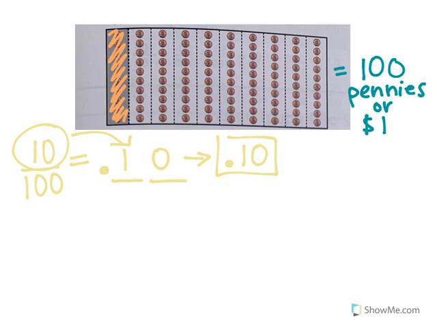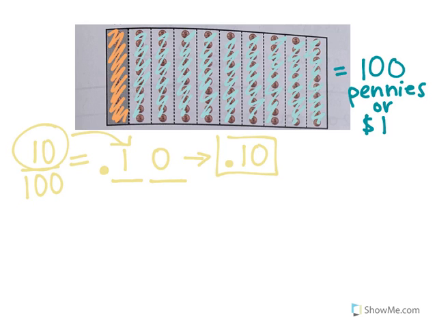Now let's look at it as if this was a fraction without the pennies in it. I have 1 colored in out of 10. I'm going to color these in so they look blank so you don't look at the pennies. I have 1 colored in of the 10 pieces. So that means I have 1/10 of it filled out.